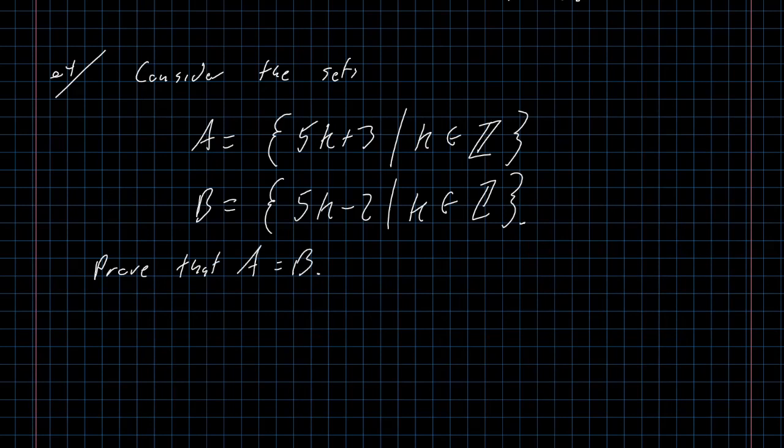So let's consider two sets here. Set A is the set of all numbers which can be written as 5k plus 3 for some k in the integers. And set B is the set of all numbers that can be written as 5k minus 2 for some k in the integers.